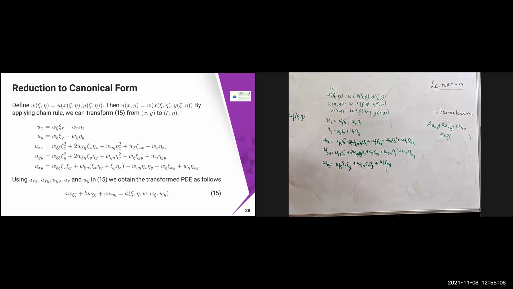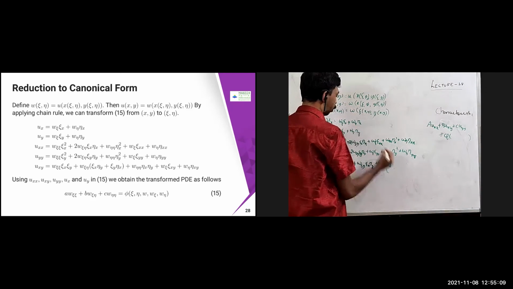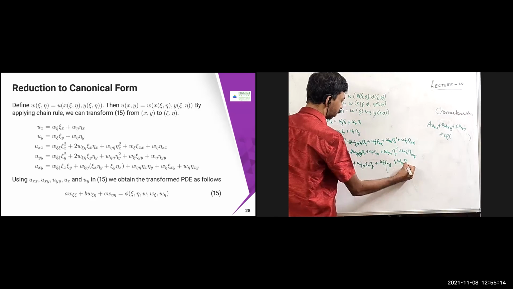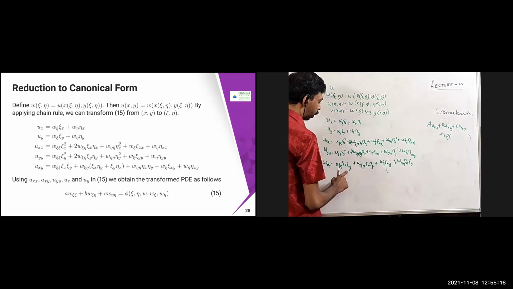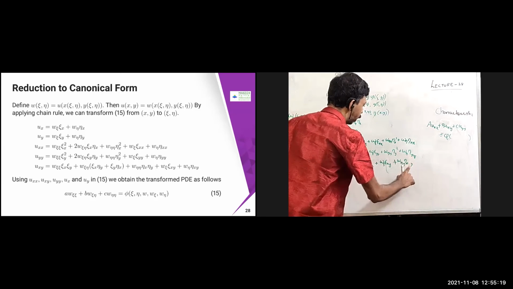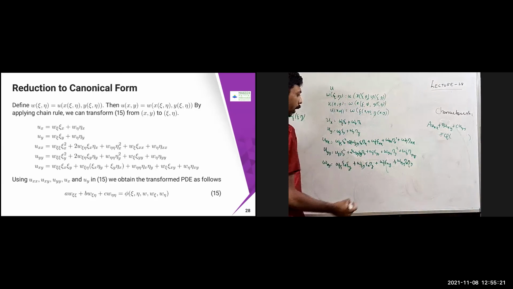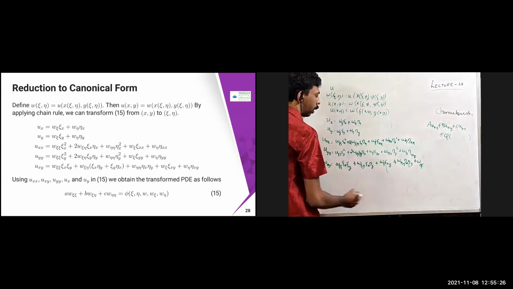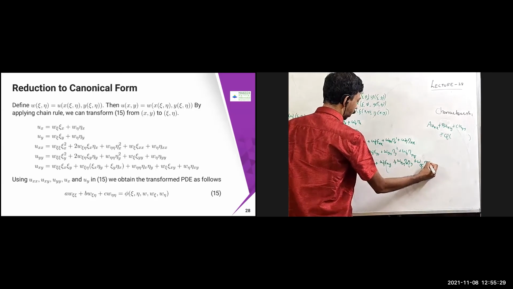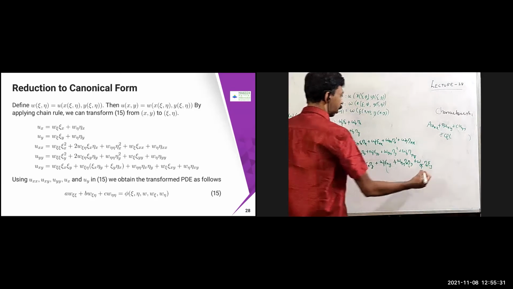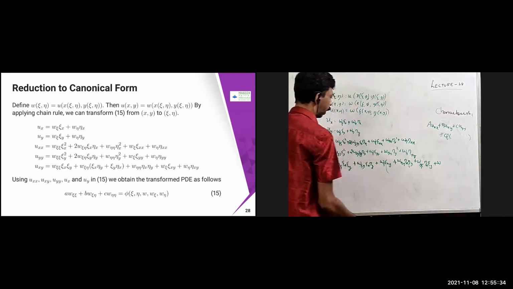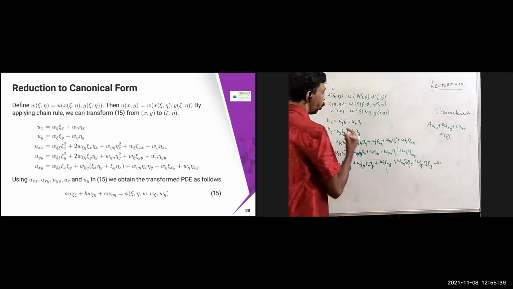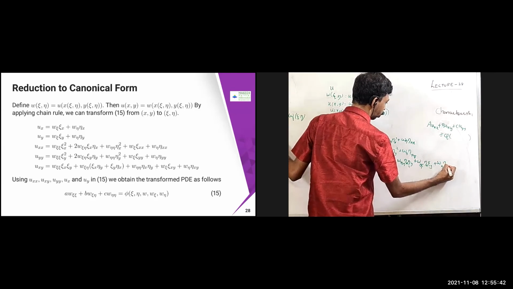Same thing for this one also, so you are going to get w eta, eta x eta y. Plus w eta chi, then you have eta x chi y is going to come. In this case, plus w eta xy is going to come.